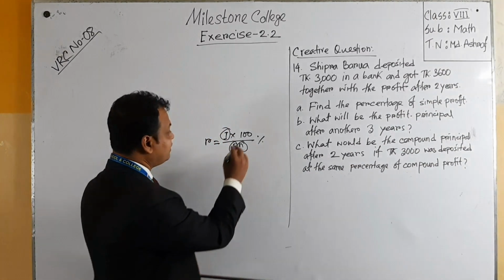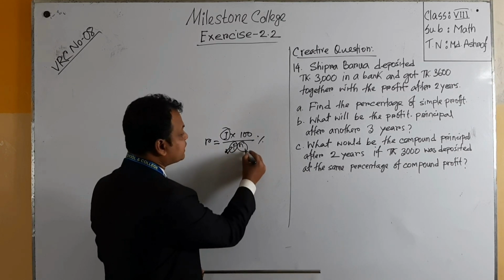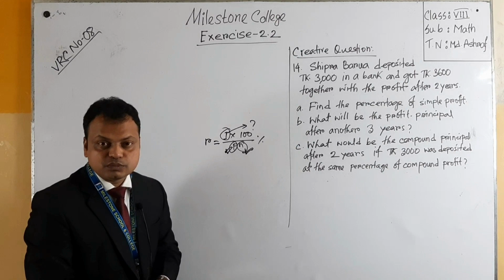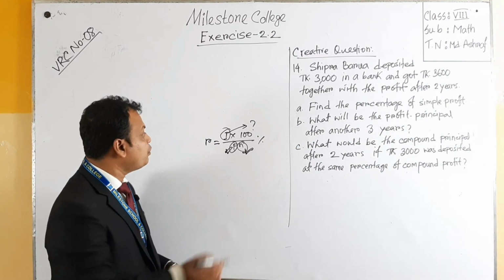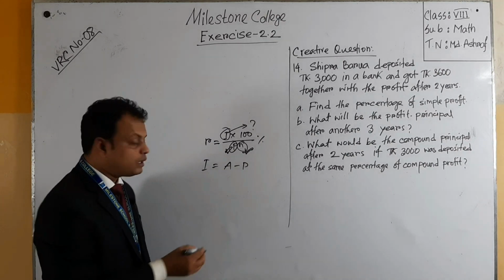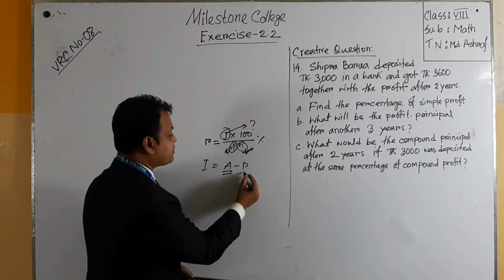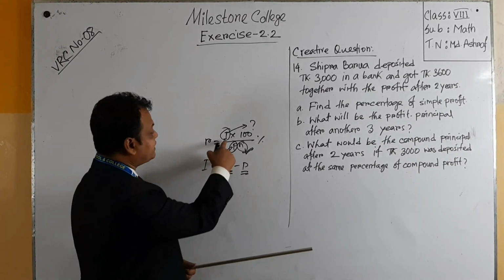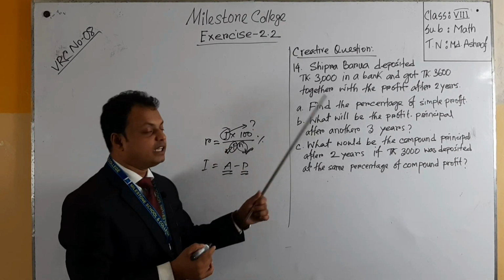Principal is given, time is given, but I is not given here. So how can we find I? We can find I equals to A minus P. From profit principal, if we subtract principal, then we will get I. So at first we will find I, then applying the formula we will solve question A.